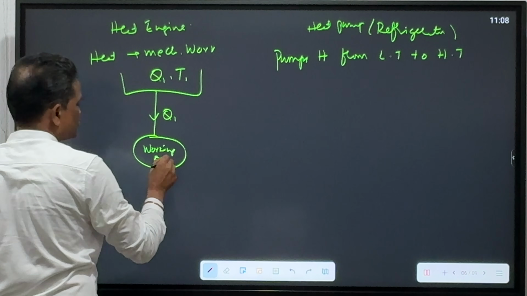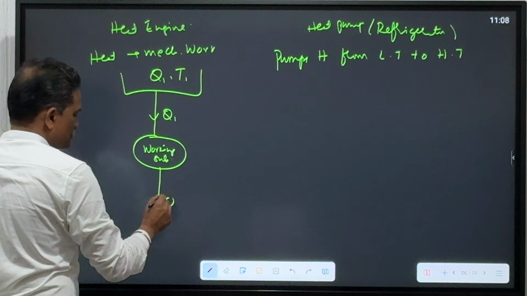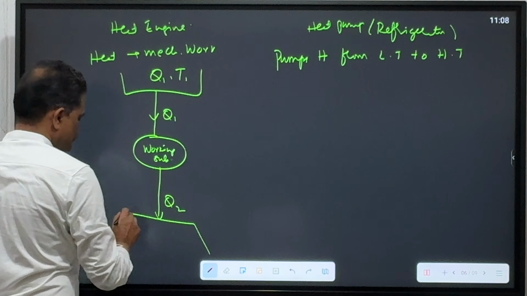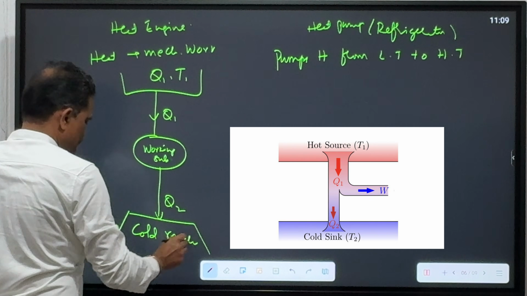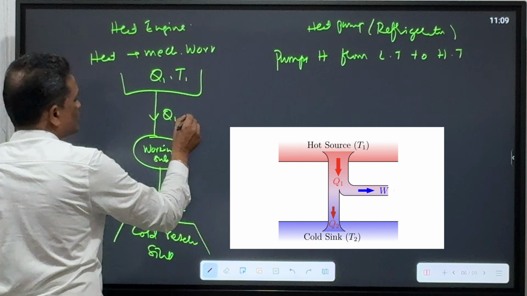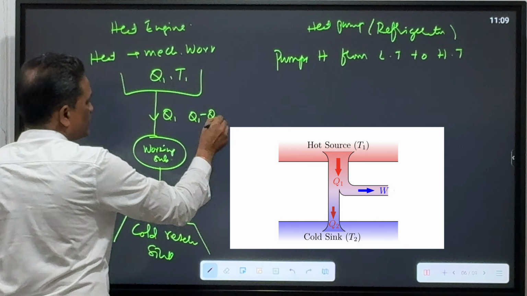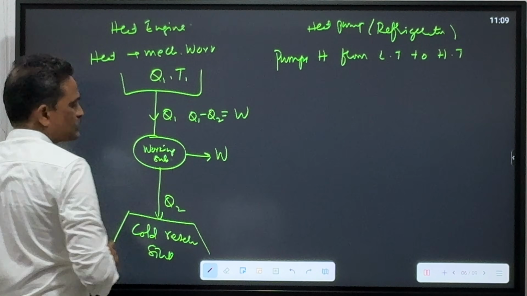It gives some heat Q2 to the cold reservoir, which is also called the sink. The remaining part of the heat is converted into work, the work done by the system.